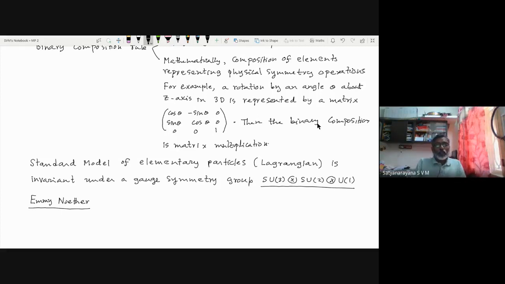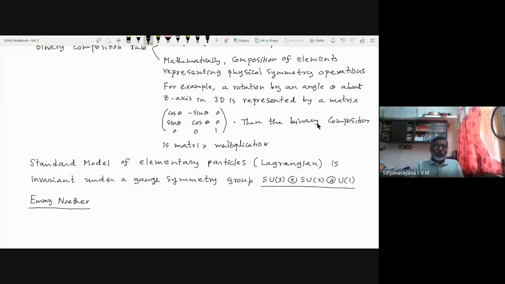I will not go into details today, but I will certainly prove this theorem and then show you how to construct those conserved quantities starting from the Lagrangian, maybe in one of the classes later, after we develop group theory to an extent that we talk about continuous groups. Then we will talk about Noether's theorem, and then I will definitely show you a way of constructing the conserved quantities from the invariance properties.